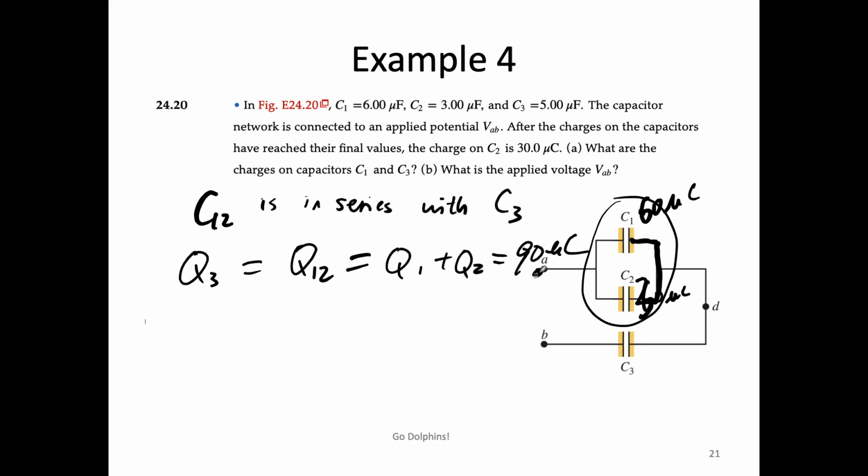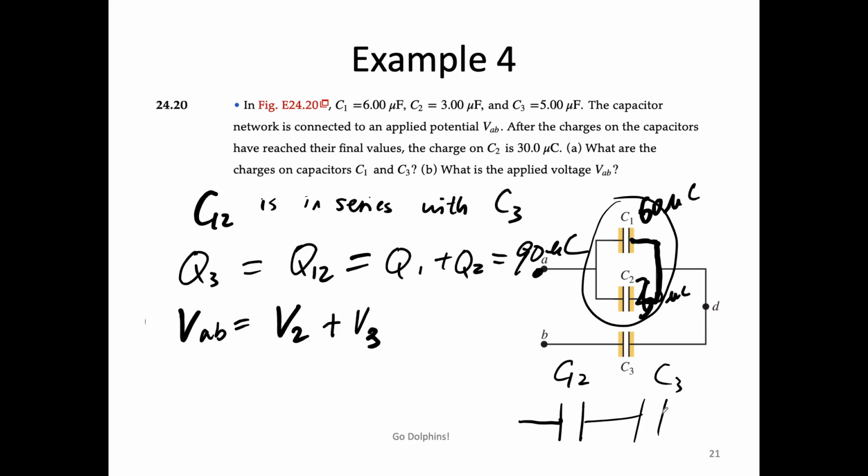I want to find out what VAB is. VAB equals V2 plus V3. So why don't I have V1 in this equation? This is because you have this C12 in parallel, and C3. Those two are in series.